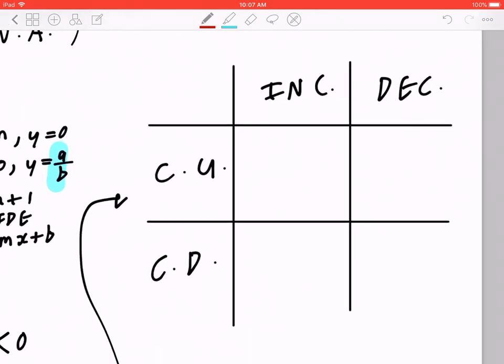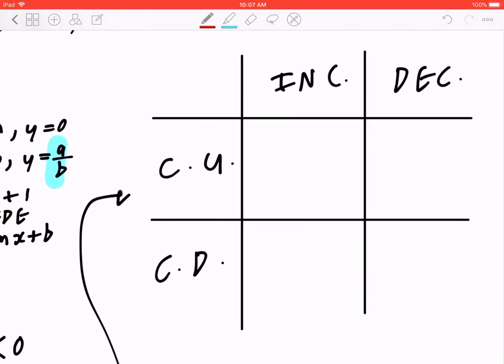I'll put this in a different color. So if the function is increasing and is concave up, it's going to look like that. If the function is decreasing and is concave up, it's going to look like that. If the function is increasing and concave down, it's going to look like that. And of course, if the function is decreasing and concave down, it's going to look like that.